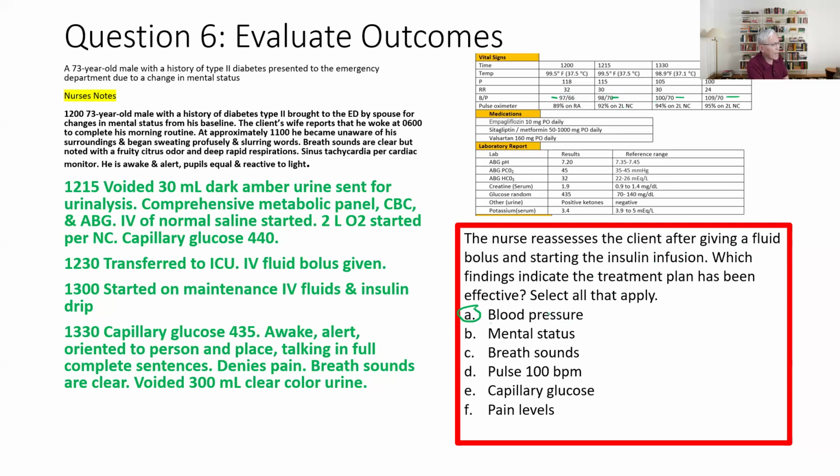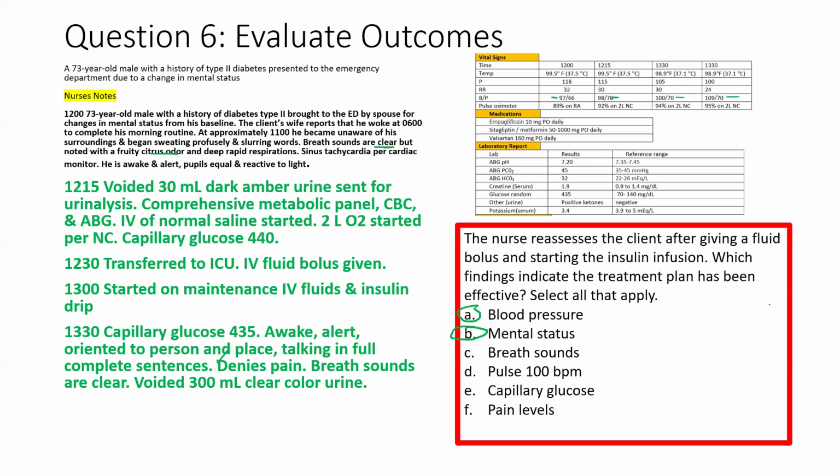How about the mental status? Awake, alert, oriented. It's doing better, much better, right? How about the breath sounds? Breath sounds are clear, but this is unchanged, right?